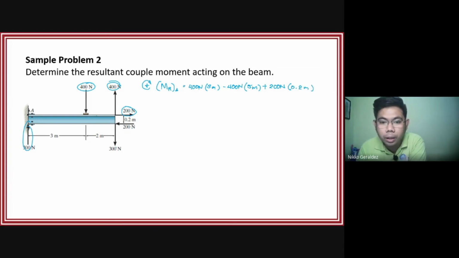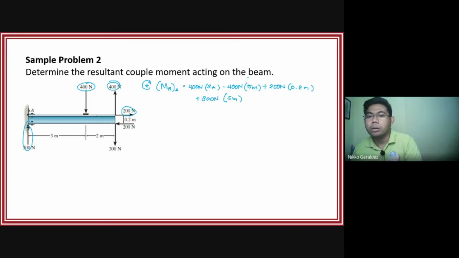And last, itong 300 Newton, clockwise moment, so plus 300 Newton times perpendicular distance, 5. Solving for the resultant moment: 400 times 3 minus 400 times 5 plus 200 times 0.2 plus 300 times 5.